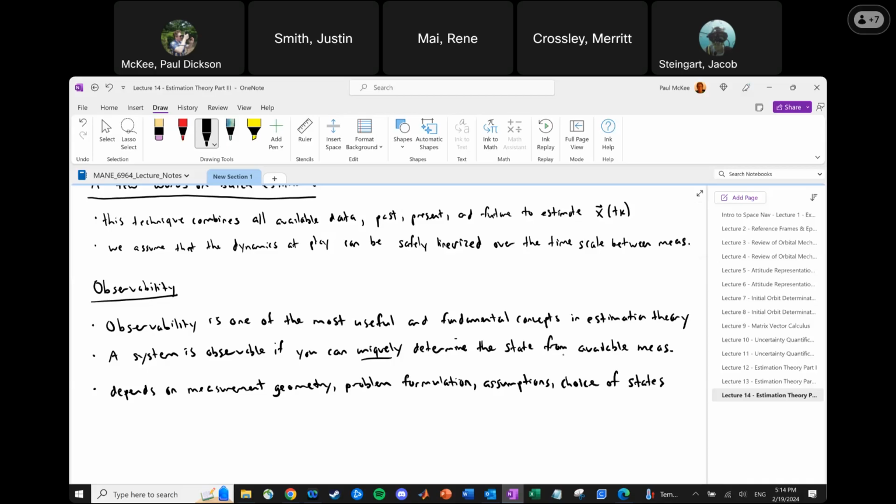As we'll see, what states we're after is somewhat up to you, and it's possible to shoot yourself in the foot by picking the wrong states to estimate. So we will focus on observability of linear systems.